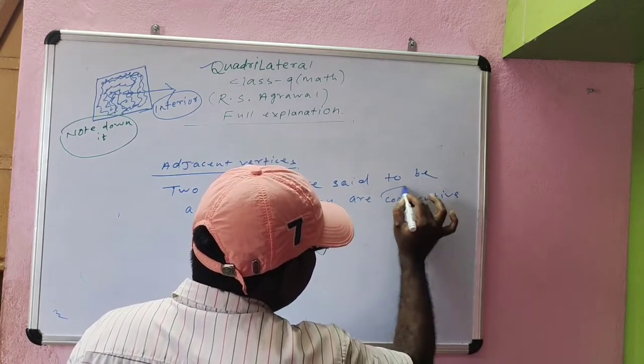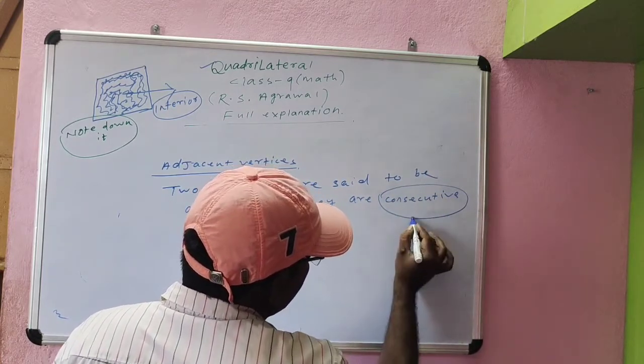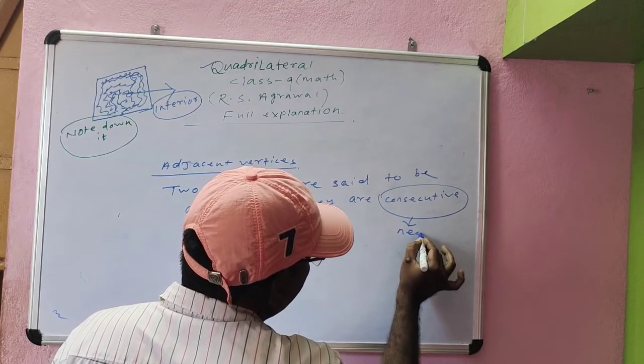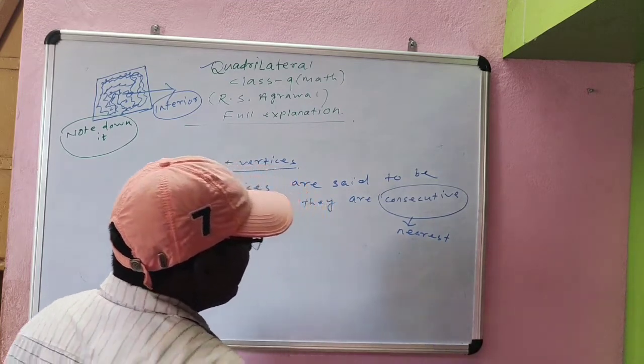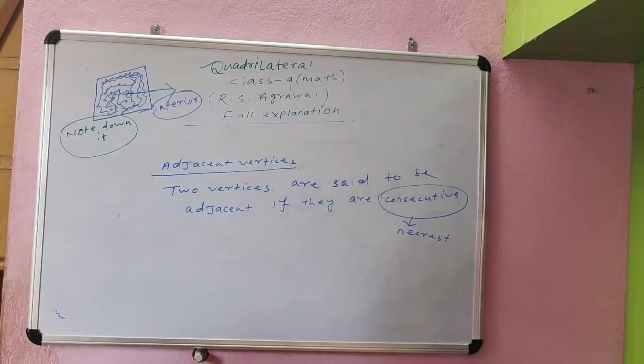Consecutive means nearest. It means two nearest points.